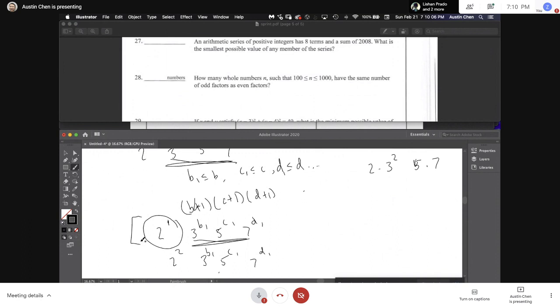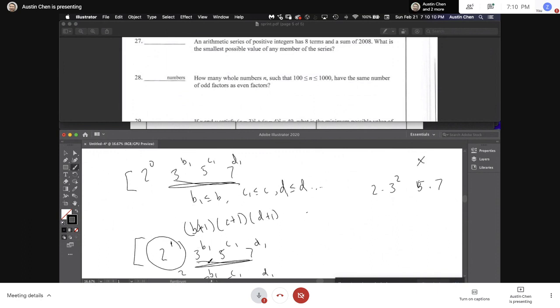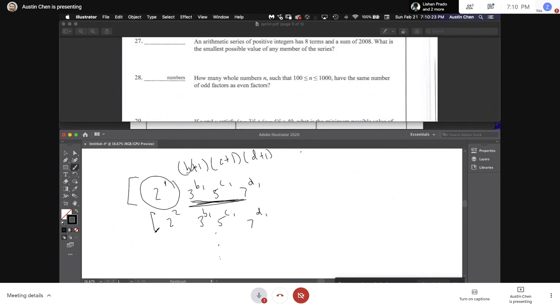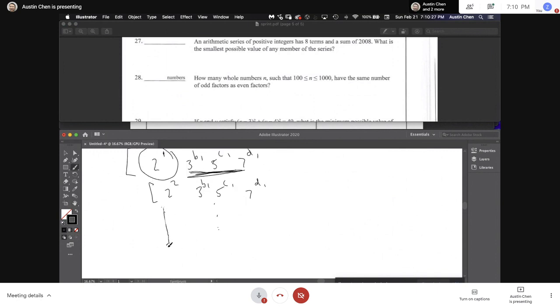This is going to be our even factors. This is going to be our odd factors. And this part and this part are going to be the same number of combinations. So these two are going to have the same number of even and odd factors.